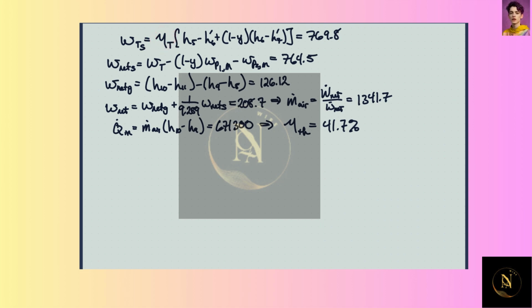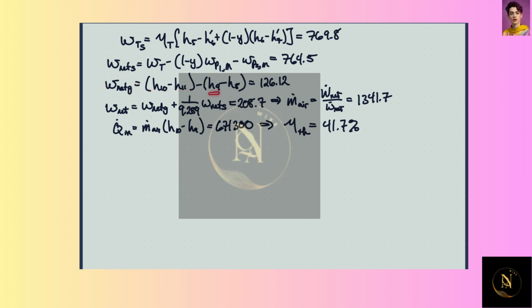And now we get the specific work out of the steam cycle, and then we can subtract off the specific work done by the pumps, noting that not all of the fluid goes to pump 1. And so then we subtract that off and we get 764.5 kilojoules per kilogram.